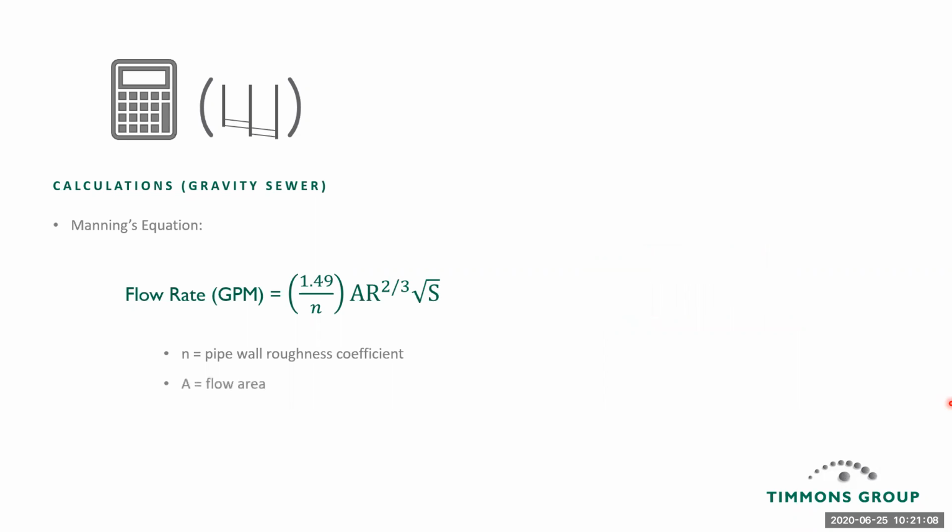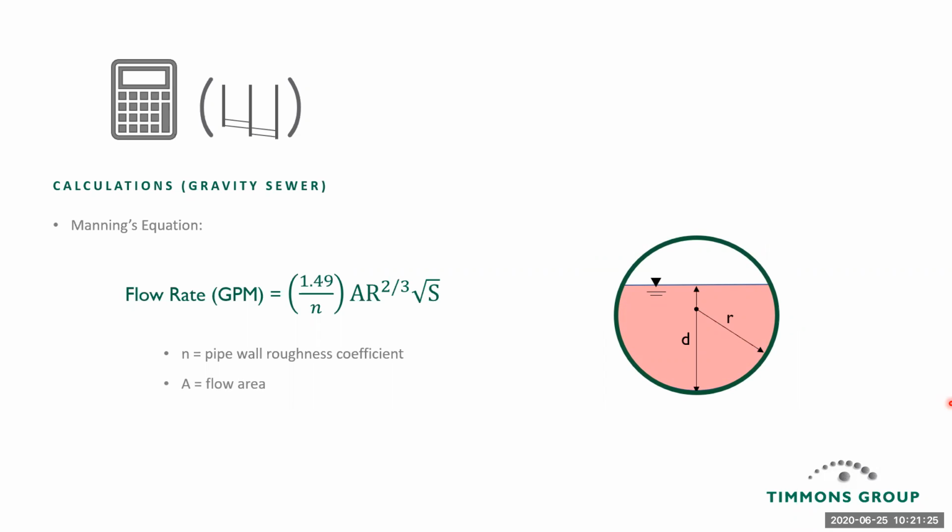There's also the flow area. If you had a pipe at a given depth, the flow area is literally the cross-sectional flow within that pipe. We can calculate that if we know the pipe's radius and the depth of flow. We can use geometry to figure out that cross-sectional flow area.